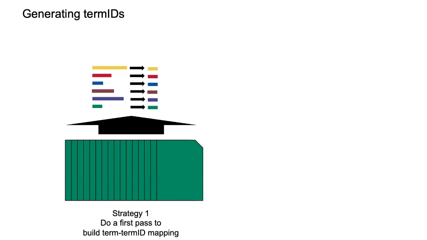So you go over the entire collection. You can stream your way through the entire collection on disk. And then you build your term ID mapping. Every time you see a term, you check if it's already in the mapping. If it's in there, you don't do anything. If it's not in there, you add it with a new integer, and that's it. And then you do the entire collection like that.